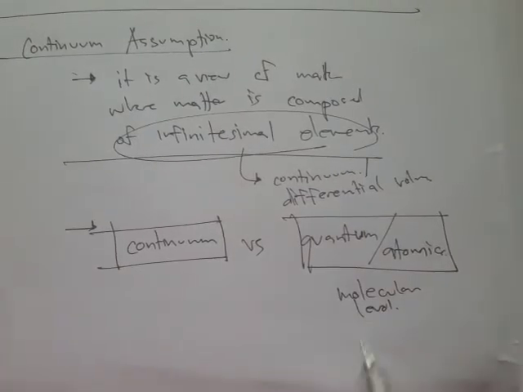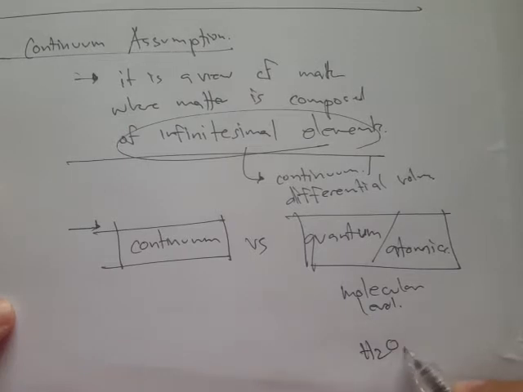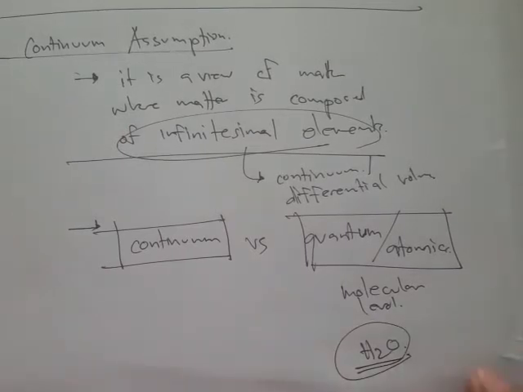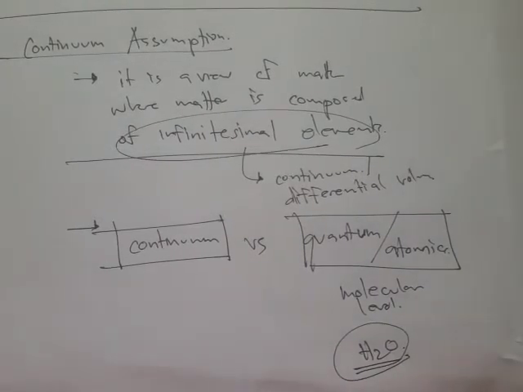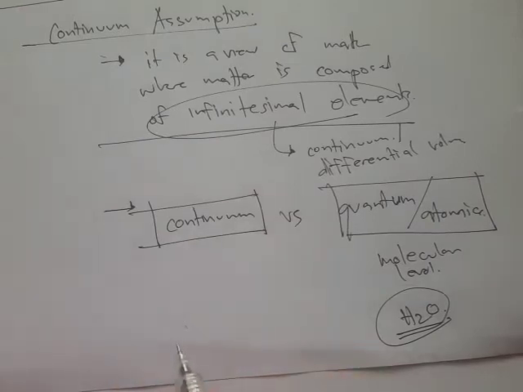When I say water, let's say we have water. Now, if you try to look at this in terms of the quantum view, then we get H2O, right? And if you go deeper, then that's about electrons or protons or whatever. But here, it's still gonna be water at its smallest level.